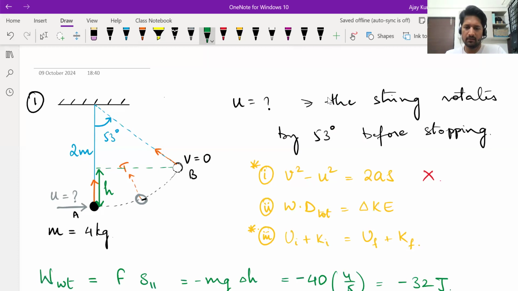Work done by tension as the bob swings from A to B. I'm not sure, sir. See, you need to revise a little bit. Last class also we discussed. Last class we discussed the case of bob coming down.